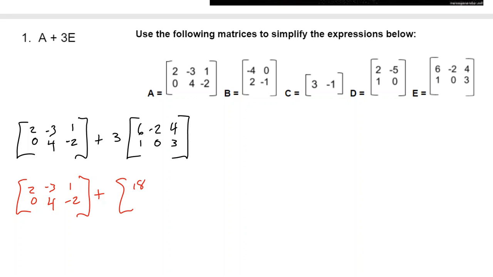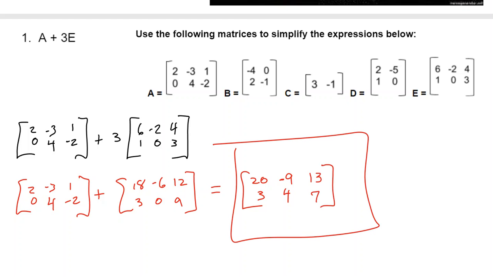Three times 6, 3 times 1, 3 times -2, 3 times 0, 3 times 4, 3 times 9. And then when we add those together, 2 and 18, 0 and 3, -3 and -6, 4 and 0, 1 and 12, -2 and 9. And that is what your finished product looks like.